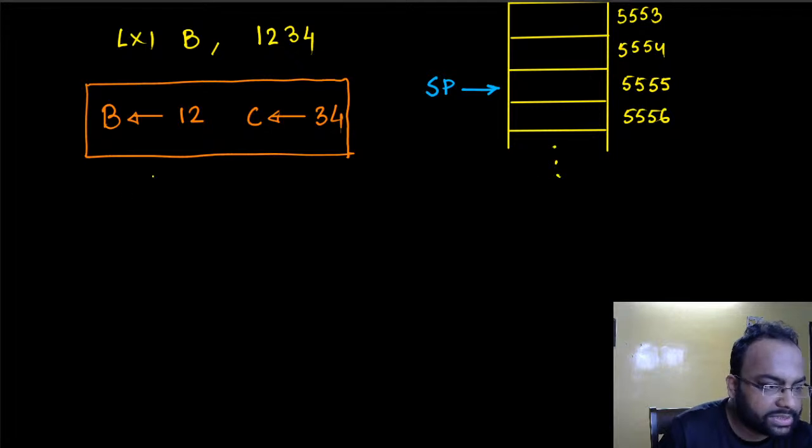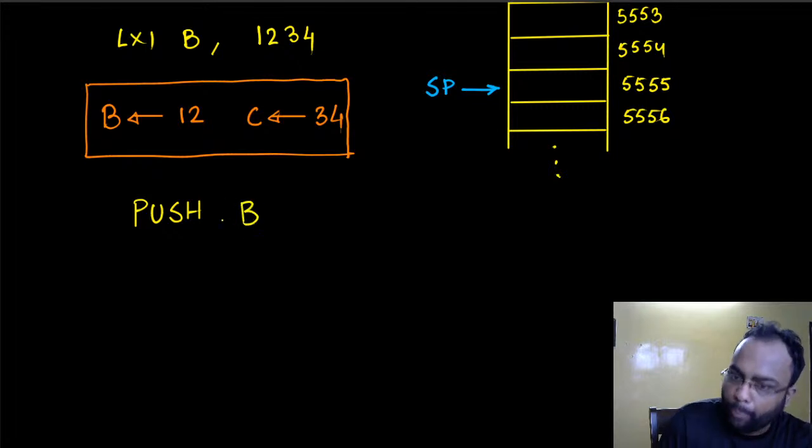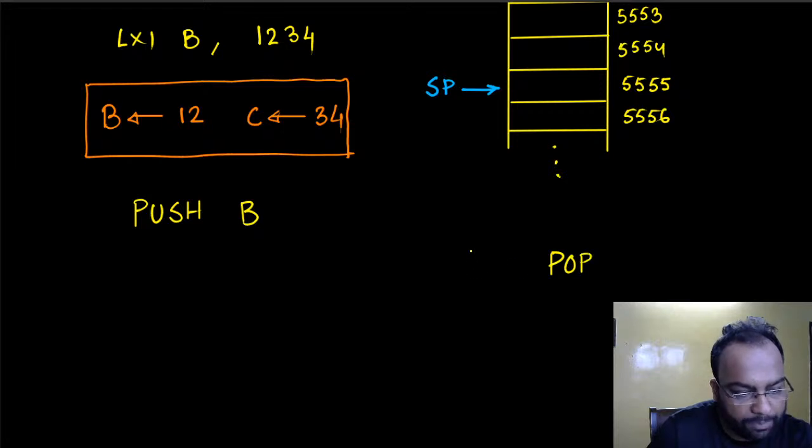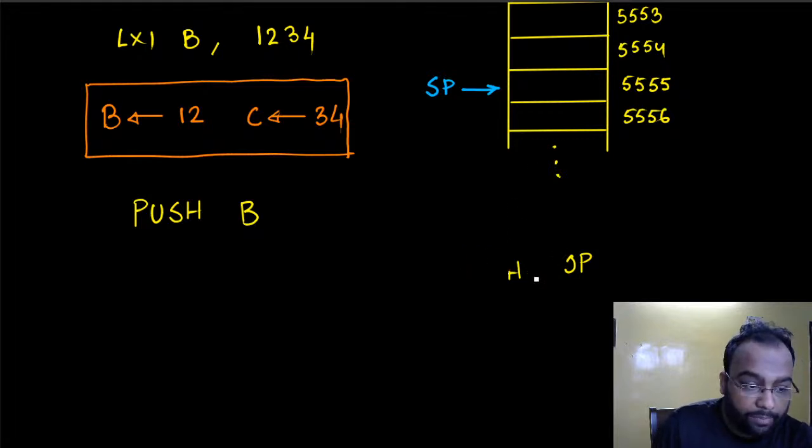Now let's look at the next instruction. If I say something like PUSH B, in the 8085 microprocessor, the push and pop instructions can be used with register pairs only.